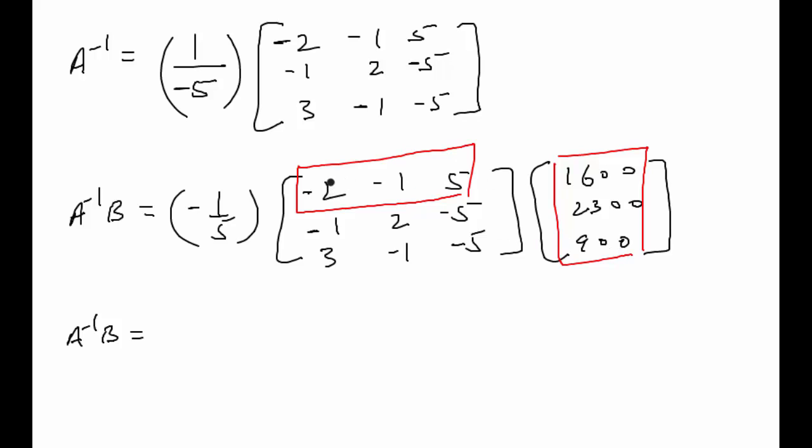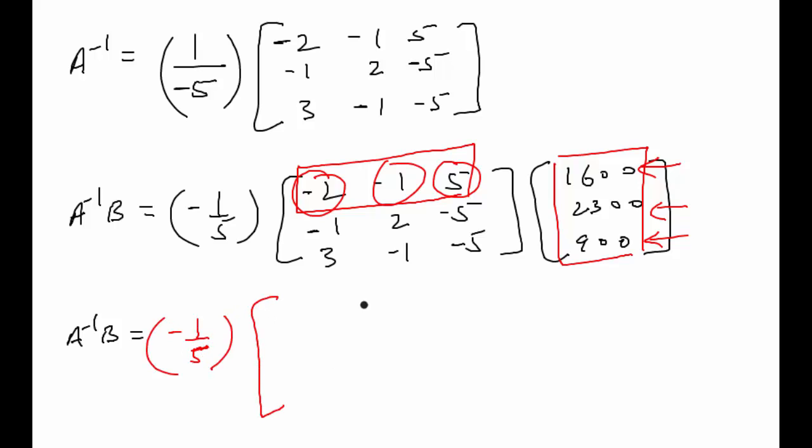So the corresponding element of minus 2 is 1600, corresponding element of minus 1 is 2300, and corresponding element of 5 is 900, right? We will multiply these corresponding elements and then add those values, right? So that will definitely give us what? On calculation, now calculations are not that tough. On calculation it will become minus 1000.